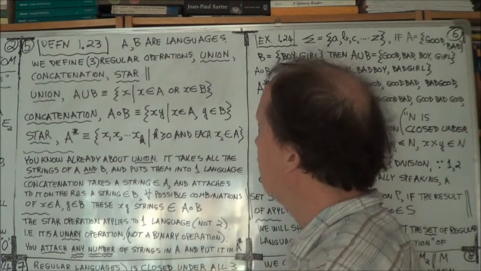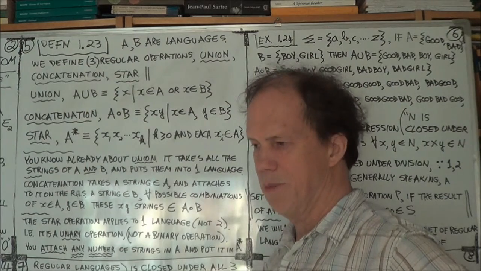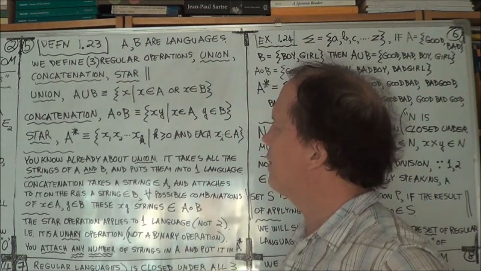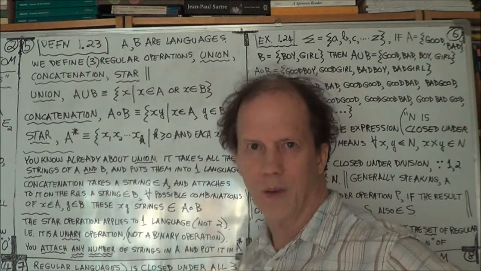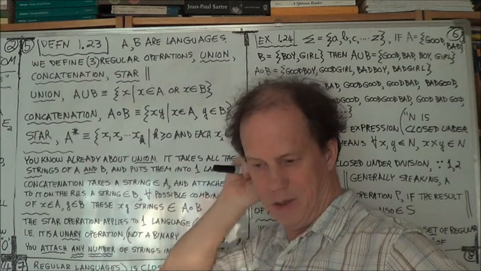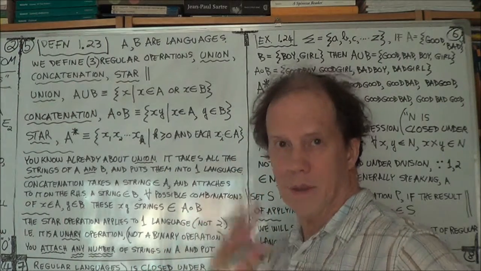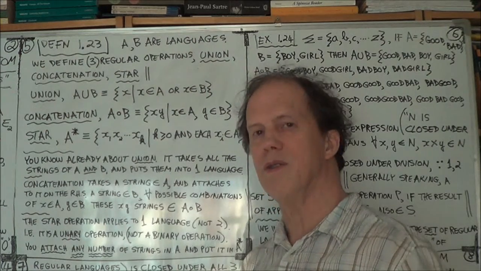Now star, a lot more abstract, and you may ask a general question: what are these for? Why define these regular operations? It's a good question. That won't become clear until we start using them.